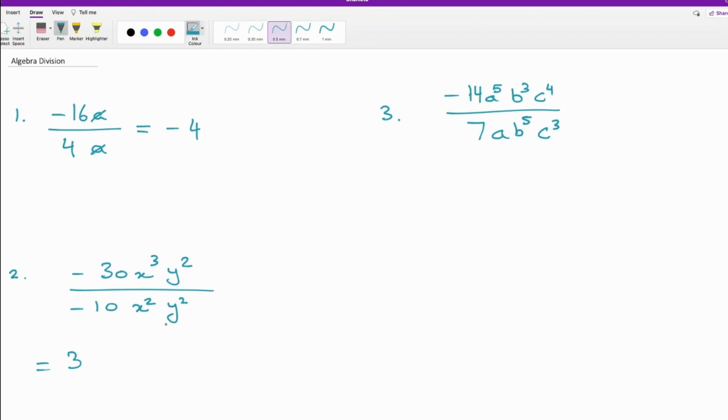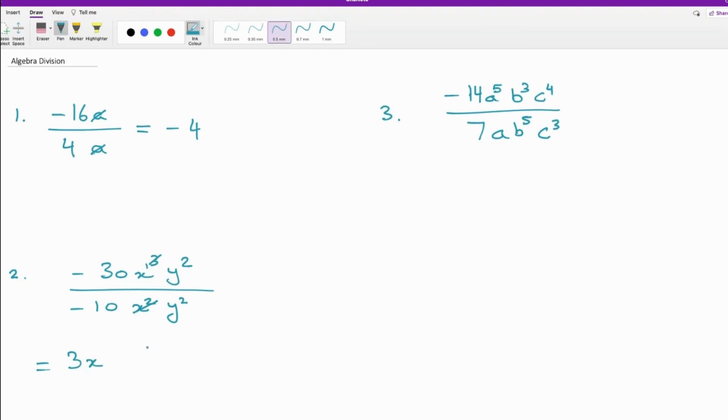So what's going to happen is that this x to the power of 2 is going to cancel. And because it's an x to the power of 2, 2 would be subtracted from this 3. 3 minus 2 gives us an answer of 1. X to the power of 1 will be the next answer, or you can just write x.